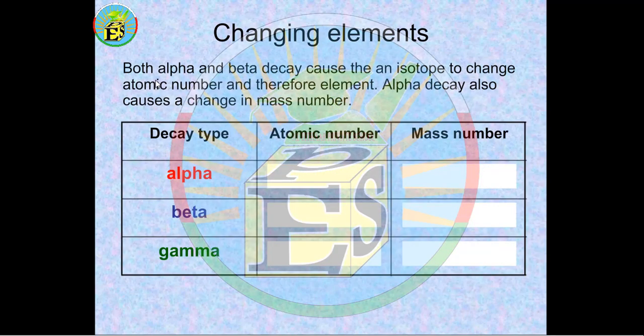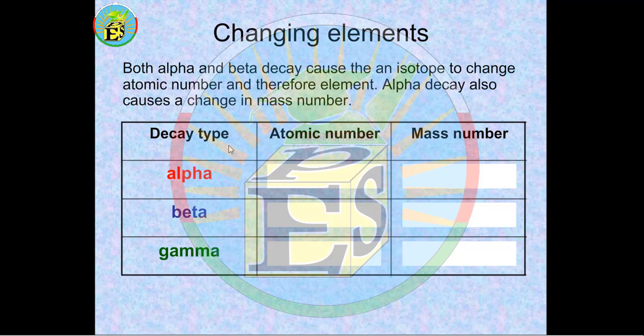Changing elements. Both alpha and beta decay cause an isotope to change atomic number, and therefore element. Alpha decay also causes a change in mass number and atomic number, and also changes the element, but gamma ray didn't change the element.